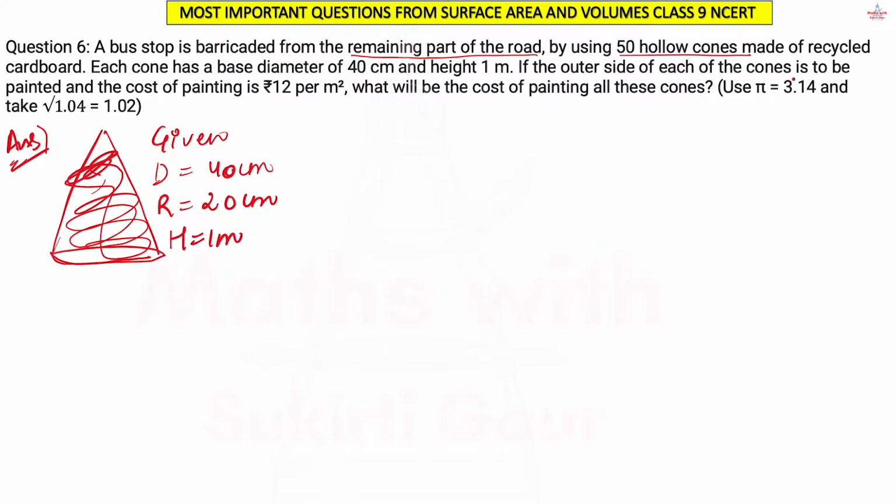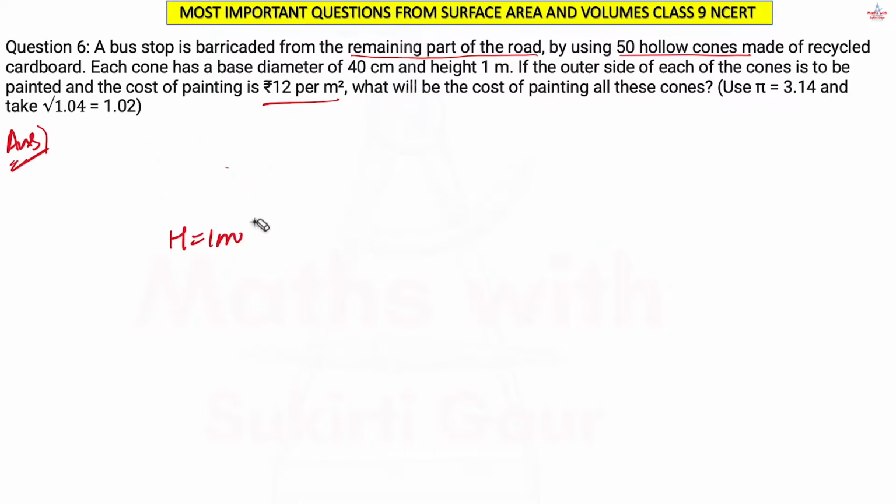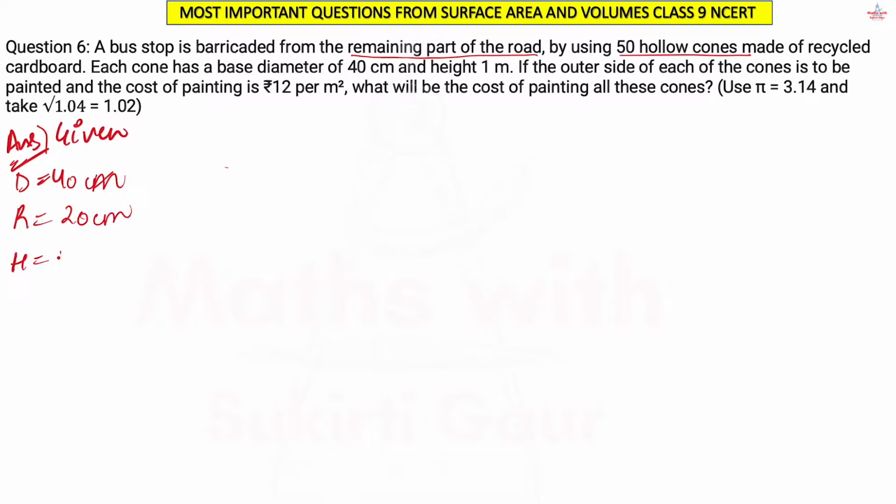If the outer side of each cone is to be painted, I told you that the outer side here is the curved surface area, and the cost of painting is given. That we will calculate later, but for now let me write all these things on the side so that we can have space for the calculation. Given D is equal to 40 centimeter, R is equal to half of it, 20 centimeter, and H is equal to 1 meter.